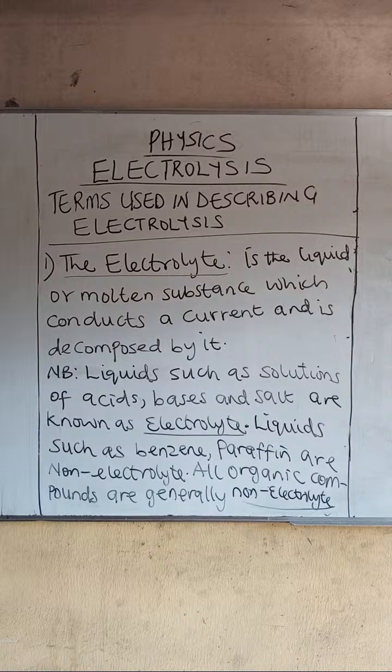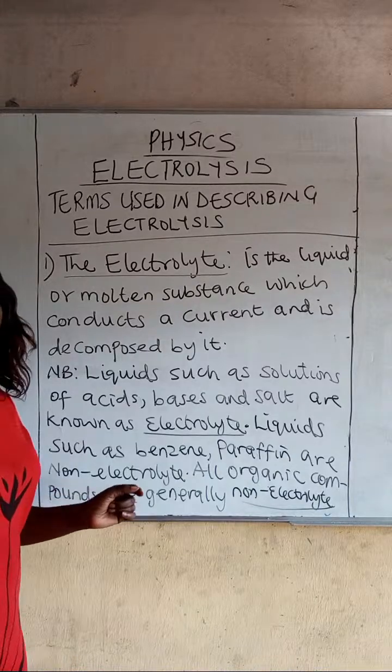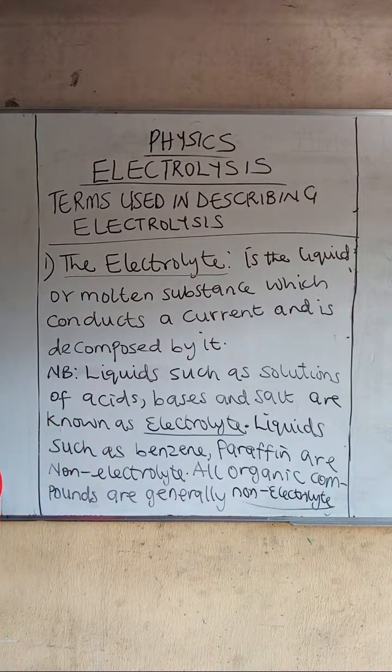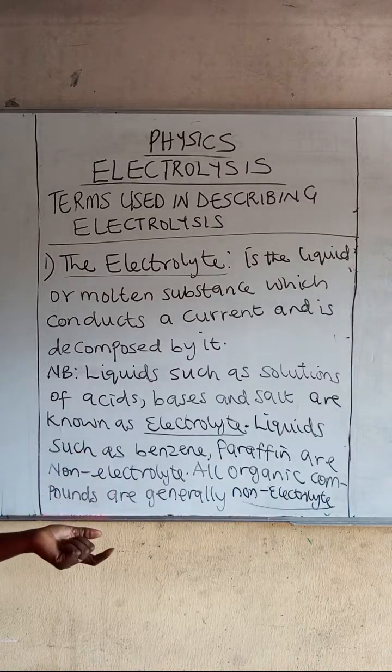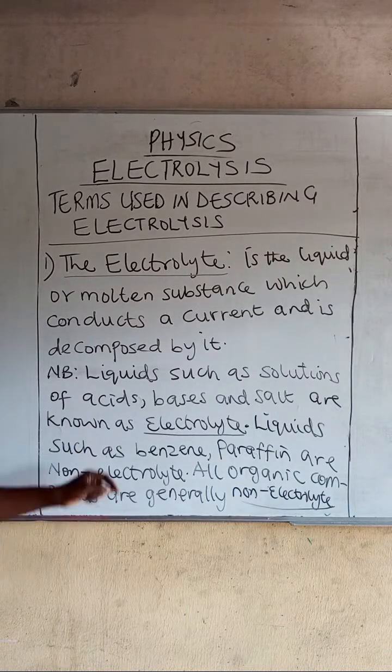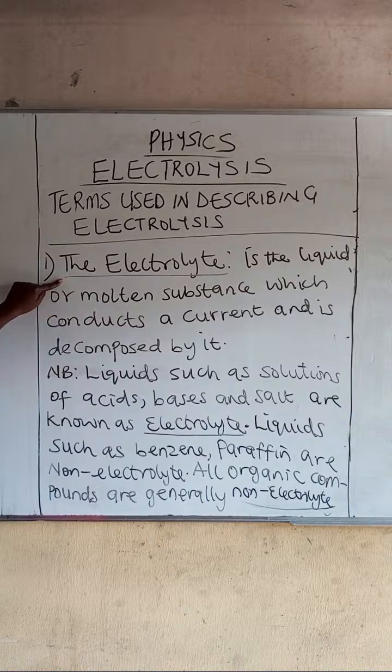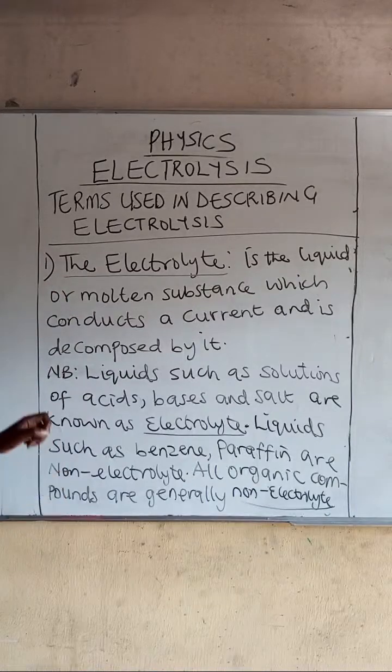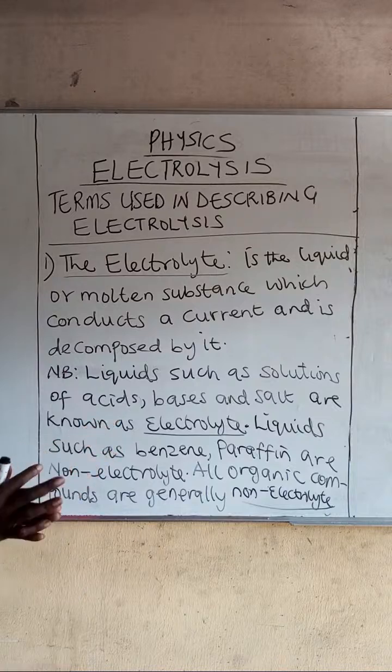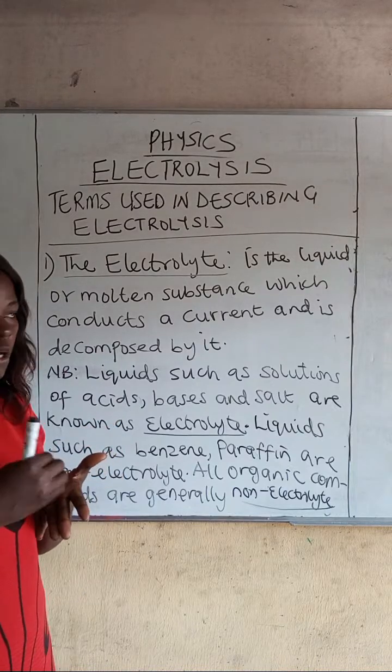Okay, let me explain. Now we are looking at the terms used in describing this electrolysis. Number one is electrolyte. Electrolyte is a liquid or molten substance which conducts a current and is decomposed by it. What do I mean? This molten substance conducts a current and is decomposed by it.